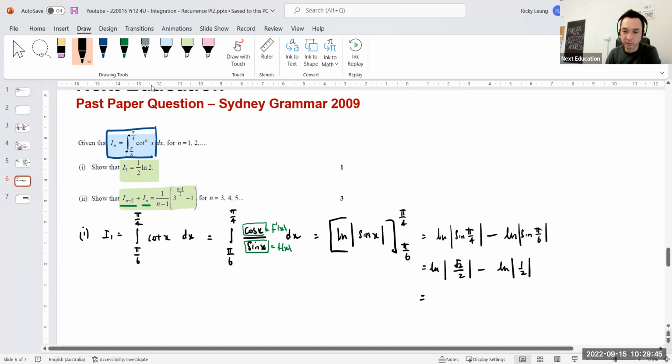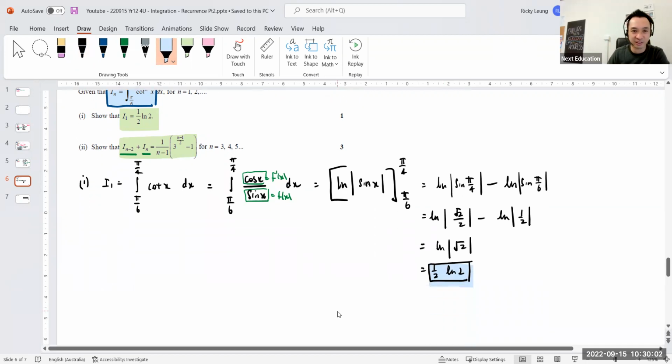So combine the logs, that'd be ln root 2, which using a log law gives half ln 2. Boom. That's 1 mark. Wow. Okay, a bit long-winded for 1 mark. Man, that's unfair. 2009, okay, Sydney Grammar, thanks.